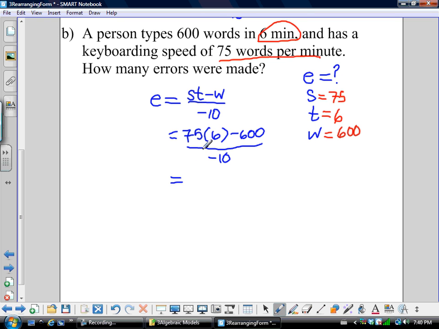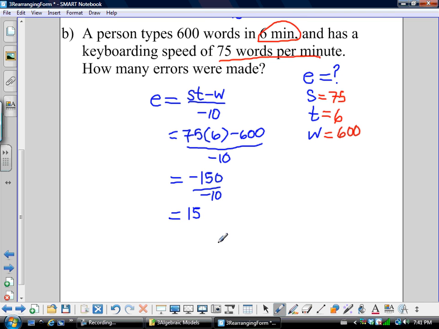So when we type this in, we end up with negative 150. And on the bottom, we have a negative 10. So our answer is going to be a positive number. 150 divided by 10, so we're looking at 15. So what we discovered is this person would make 15 errors.